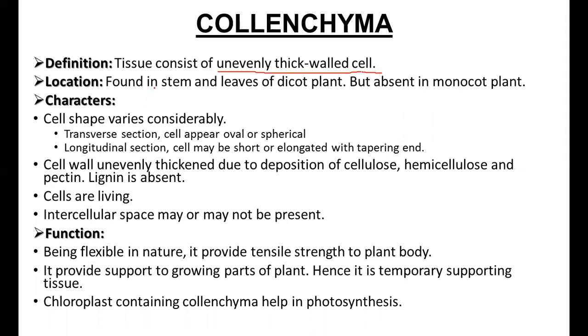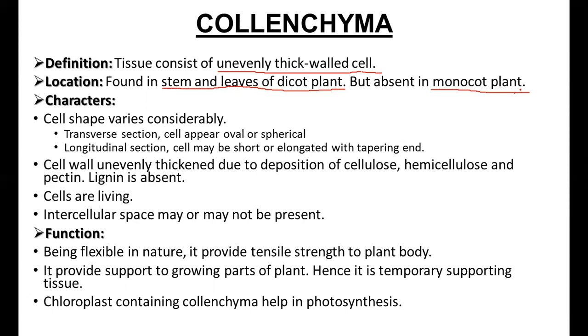Now second is location. This type of tissue or cell can be found in the stem and leaves of dicot plants. Now keep in mind that in monocot plants, collenchyma is absent. In the case of monocot plants, parenchyma must be present, but collenchyma is absent. Now always remember that collenchyma and sclerenchyma, as their cell wall is composed of other substances along with cellulose, their basic function is to provide strength to the plant.